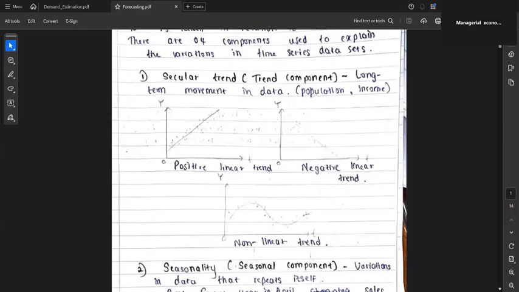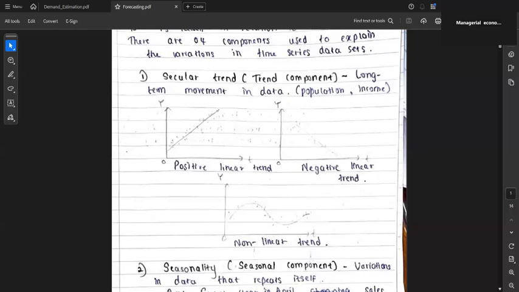As you know, in time series data there are 4 components. There's the trend component, seasonal component, cyclical component, and the residual component. So these components are used to explain the variation in the response variable over time.